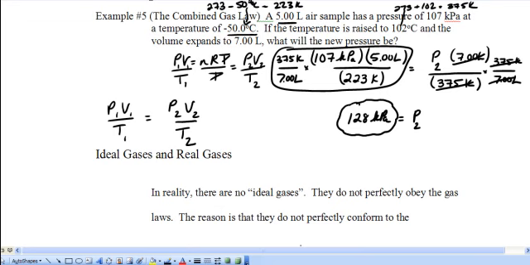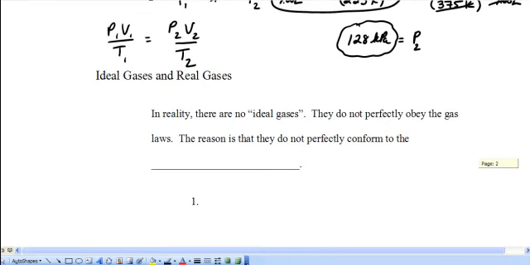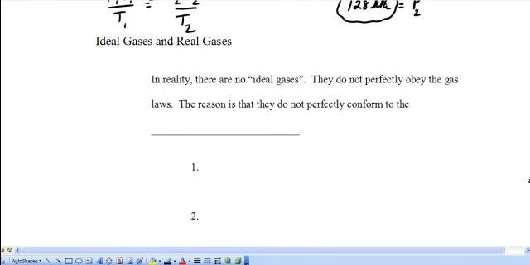Alright, now, we've been dealing with ideal gases this entire time. Well, in reality, there are no ideal gases. The reason why is they do not behave exactly the way the kinetic molecular theory says that they do. The kinetic molecular theory says that the gas particles do not exert a force on one another, and they do not occupy a volume. Alright, well that's not true.